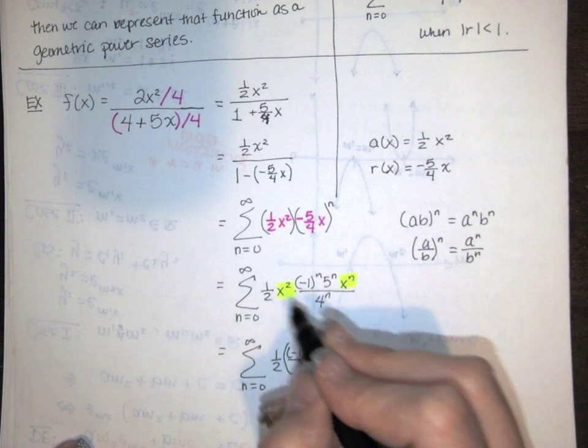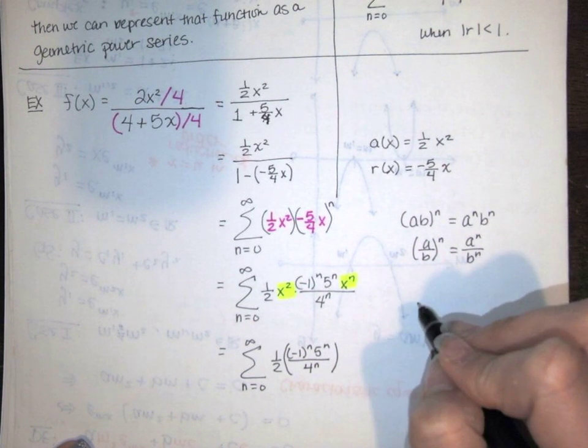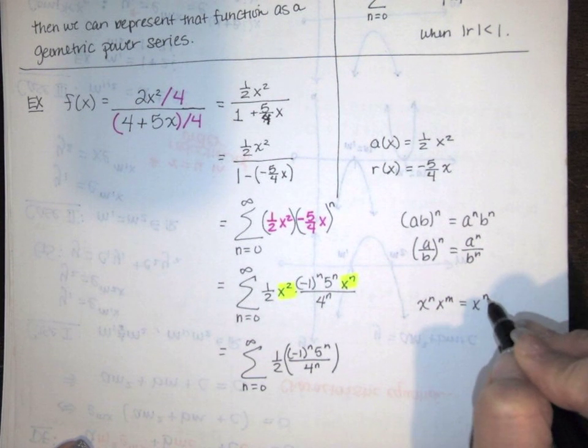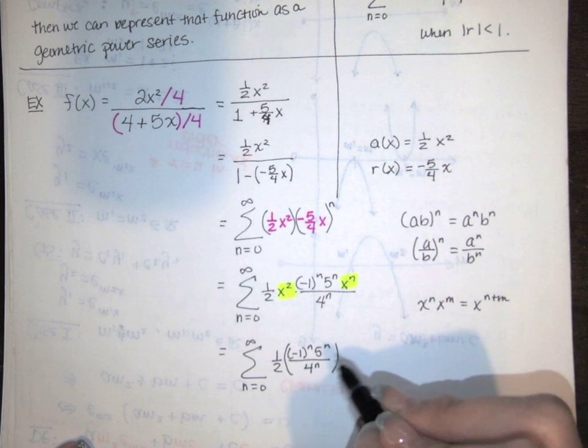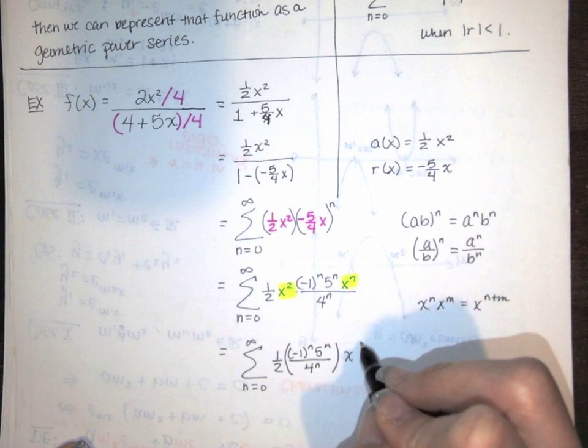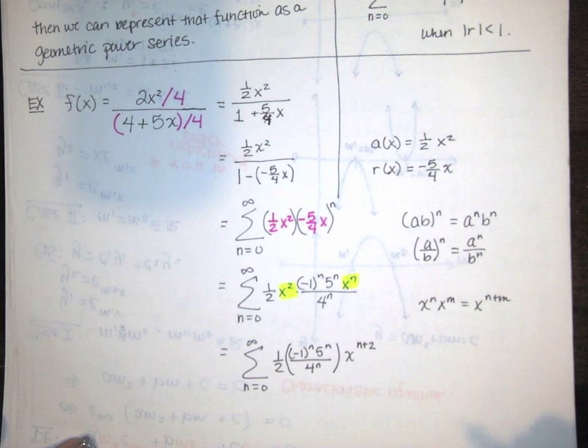And then this, I've got x to some power times x to a different power. That can be simplified using this rule. Remember, if we're multiplying like that, the bases are the same, you add the exponents. So this is x to the 2 plus n, or n plus 2, whichever you prefer.